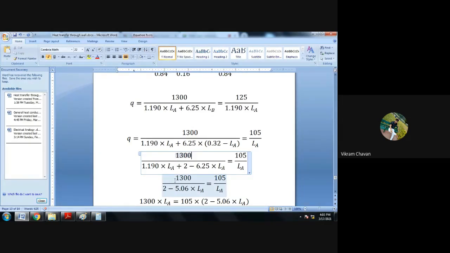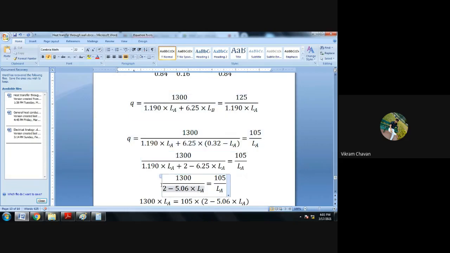So we will get 1300 divided by (2 minus 5.06 multiplied by L suffix A), which is equal to 105 divided by L suffix A.